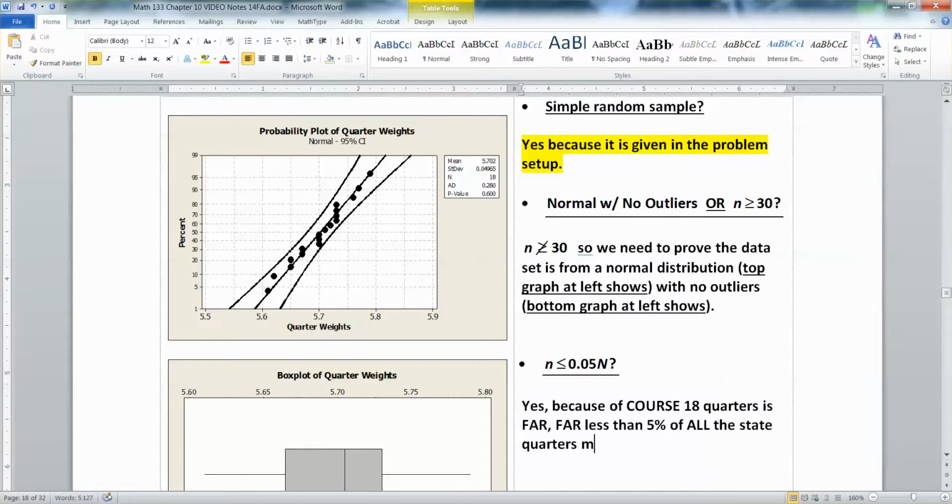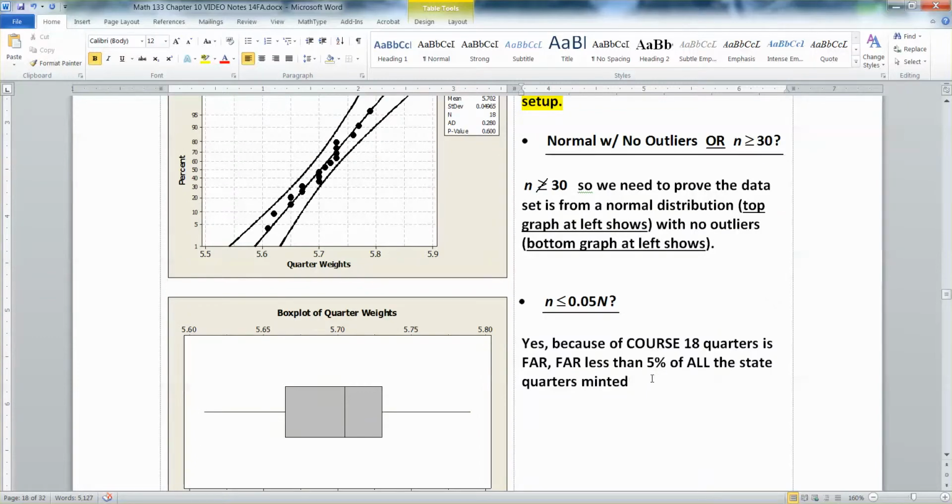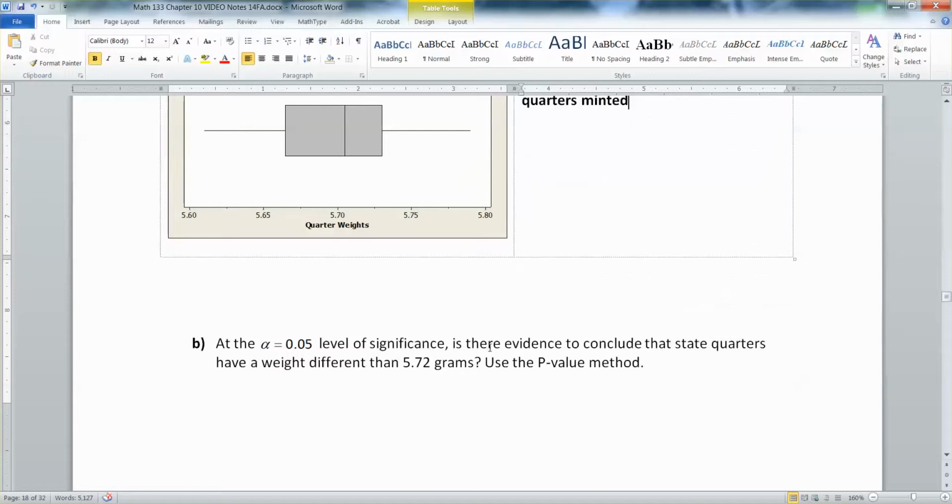I mean, they minted thousands, if not actually millions. So 18 quarters is far, far less than 5% of that, 5% being, of course, 0.05. All right, so we have our assumptions met, our requirements met. So now we can actually conduct the test, and that's what we're going to do.